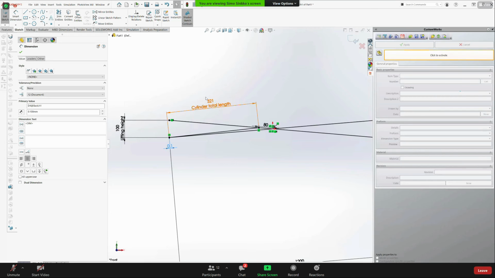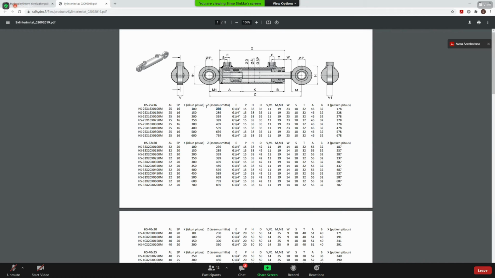So in the minimum position, this dimension, what is now this 521, should correlate to this Z. As you can see here, it's the distance between the attachment point here and the attachment point here. This is the absolute minimum dimension that you can reach with certain cylinder. Is it clear?